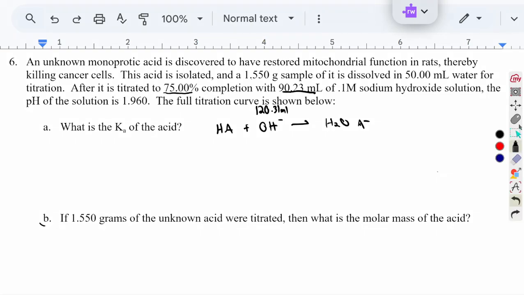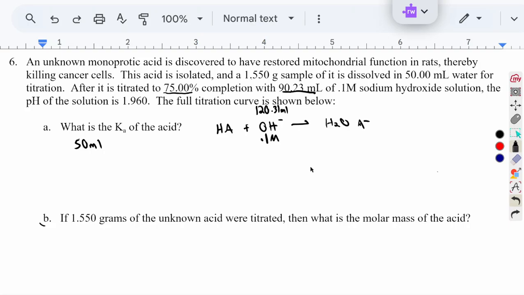The equivalence point is, we just calculated that this is the amount of OH minus that would have been used to titrate to the equivalence point, 100%. So that's our volume. Our concentration of OH minus is 0.1 molar. And our original solution was 50 milliliters. And I think that's all we need to solve it.